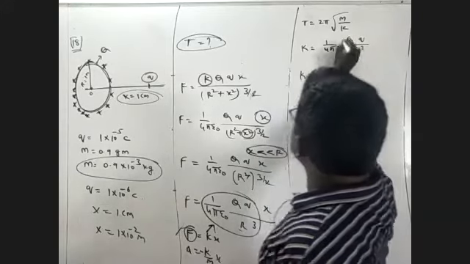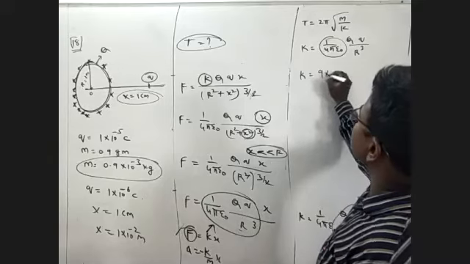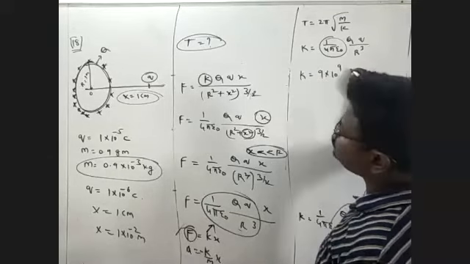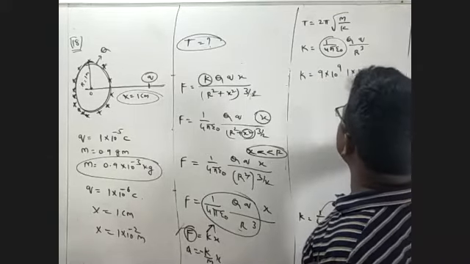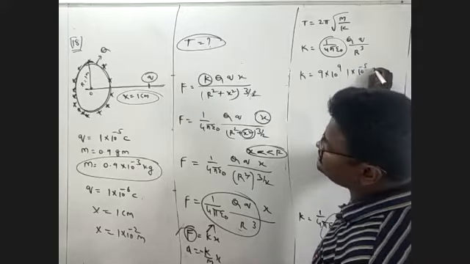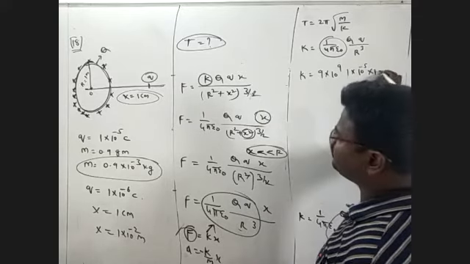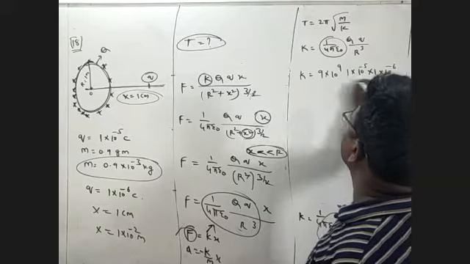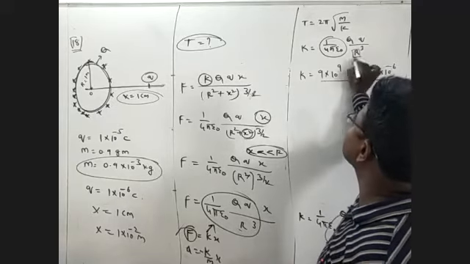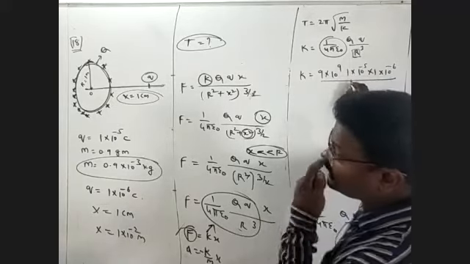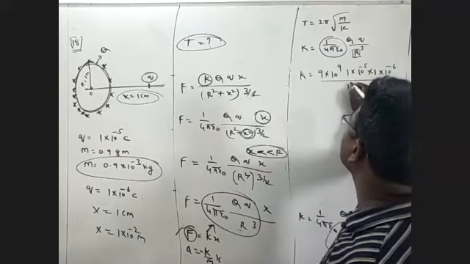Now 1 by 4 pi epsilon naught means 9 into 10 power of 9. Capital Q means 1 into 10 power of minus 5. Small q, the negative charge, is 1 into 10 power of minus 6, divided by the radius of the ring cubed. The radius of the ring is 1, so 1 cube means 1.